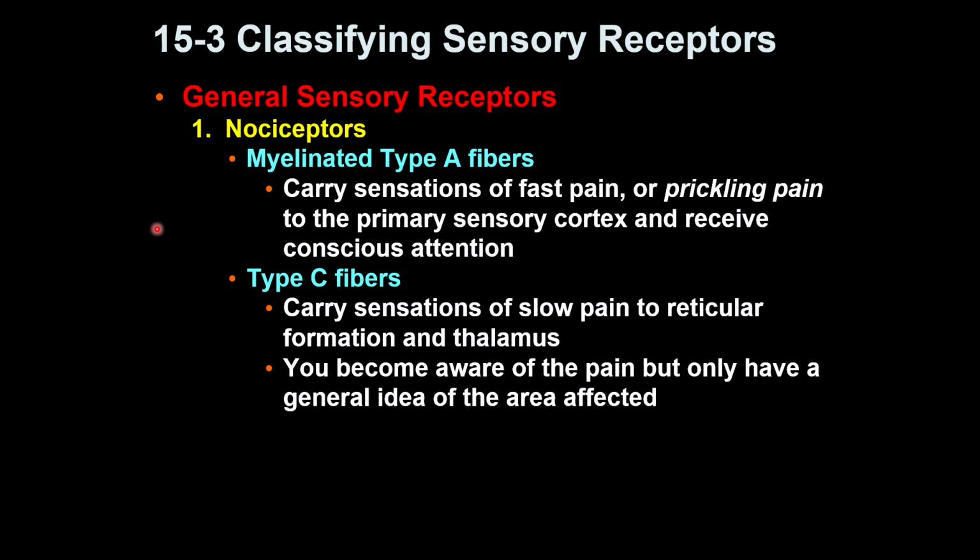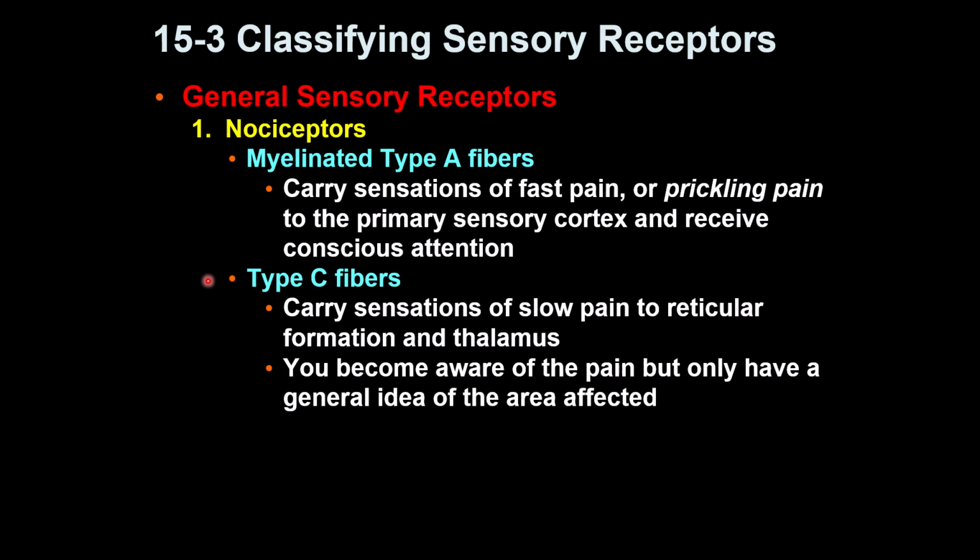This is an important sensation for survival, it is acute, it is fast, and you become aware of it right away. But type C are unmyelinated, so they are slower. These are the different types of pain, for example itching, aching, burning, tingling, different types of sensations.